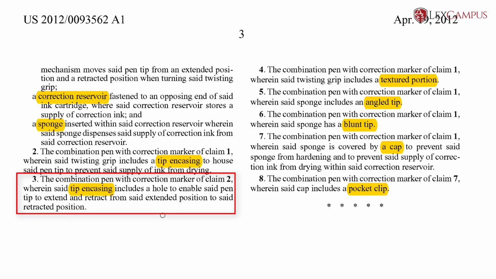So you could even mention this as a combination pen with correction marker of claim 1 or claim 2. But the point is, because they are going to recite a limitation on the tip encasing, it is better to have it on claim 2. So it is a single dependency claim, but it could be written, but you'll have to change the language. It could also be written as a multiple dependency claim.